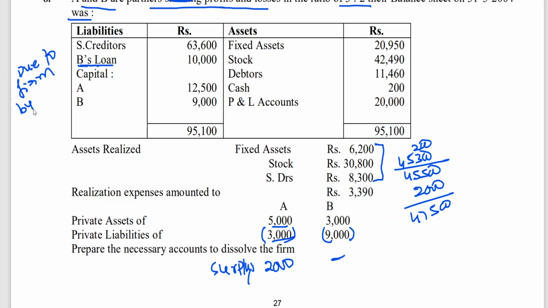Suppose same B's loan appearing here, for example, say 10,000. This will become due from partner to firm.